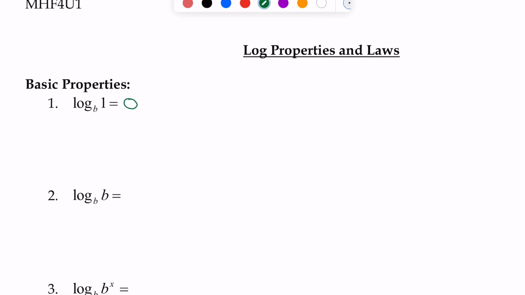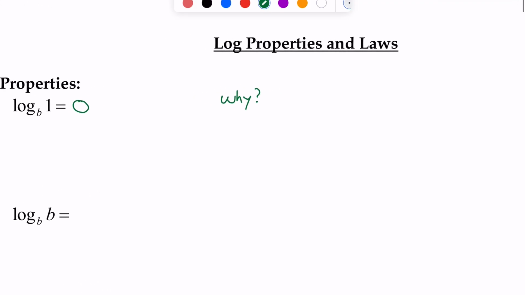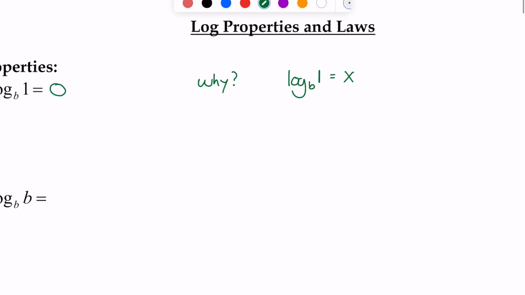And the why? I always like to ask why. Why is that the case? Well, if we just write the left side of that problem, log b of 1, let's set it to some unknown, like x. If I rewrite this as an exponent, b to the x equaling 1, well, now let's rewrite the 1 as a base of b.